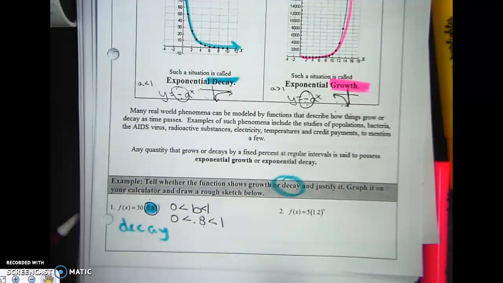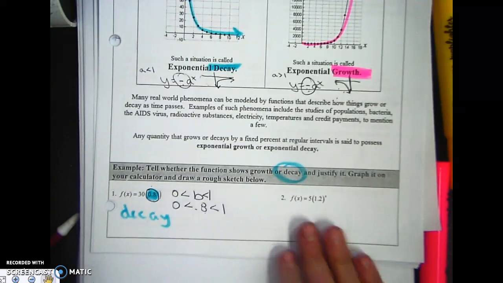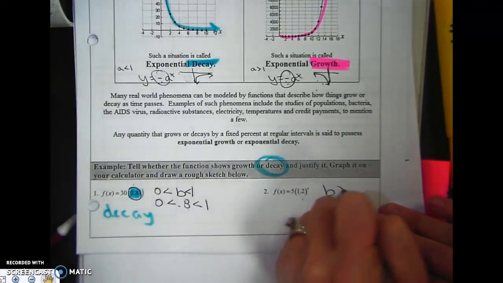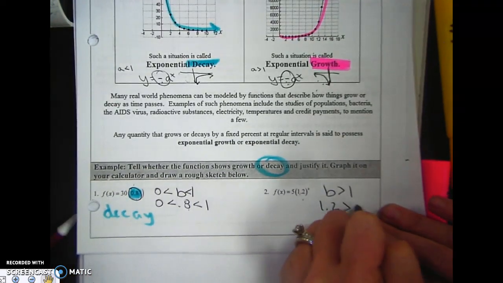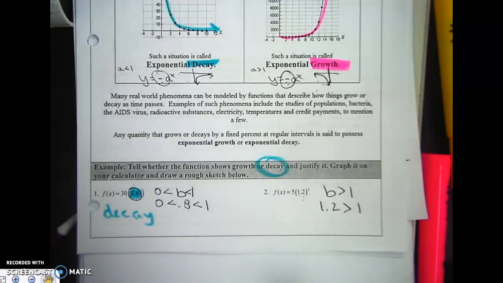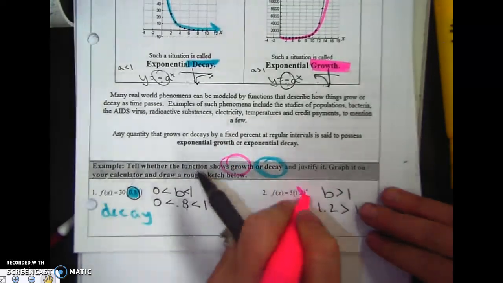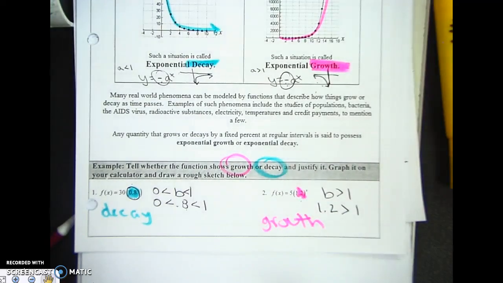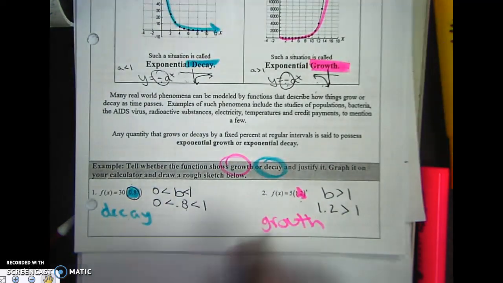And there's the justification. Do you need the justification? Of course I do. Then I look over here. Since this number is greater than 1, which means it's growing by 20%, it's growth. Therefore, that's what I want. Okay? So that's the basic idea, noticing the difference between growth and decay.